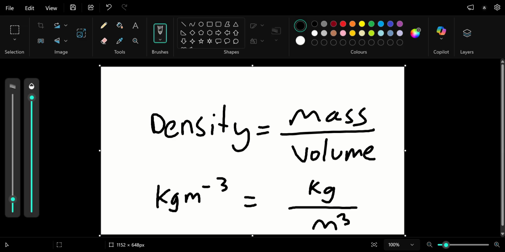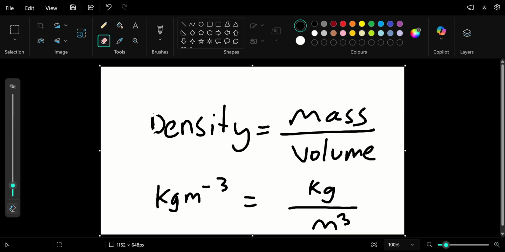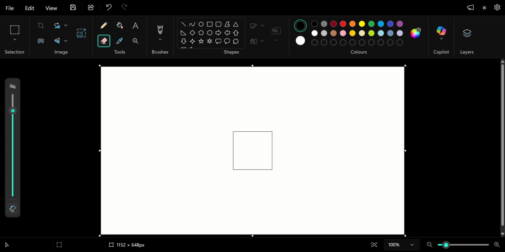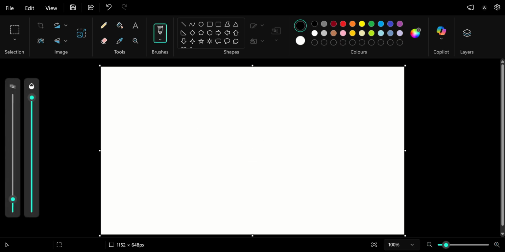Now let's try a few basic problems first. So we have an object, a cuboid specifically.